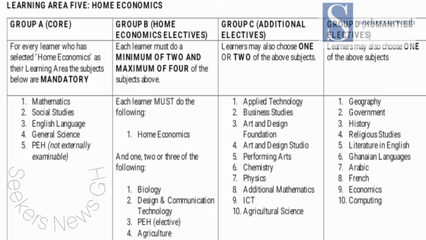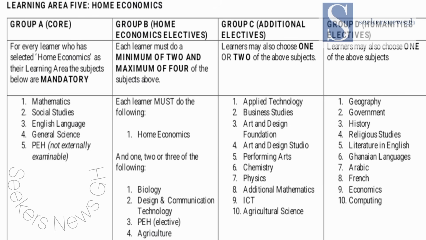So the various schools, this is what they will do. They will have home economics classes, home economics 1, 2, 3, 4, maybe 5 or up to 10 classes. Each of the classes, they will mix up the combinations for you. So maybe home economics 1 can do home economics, which is the first one, mandatory, and any of the 2. So they can also select biology and design and communication technology, making 3.